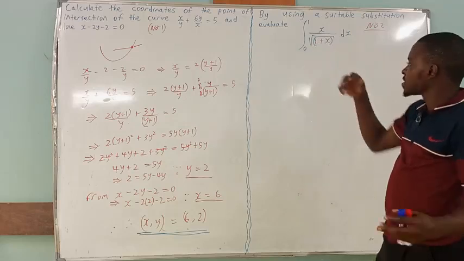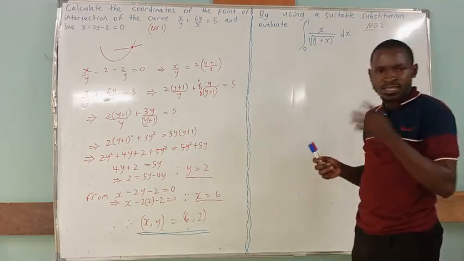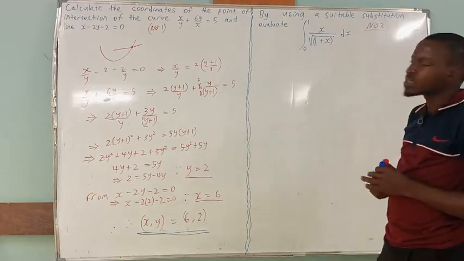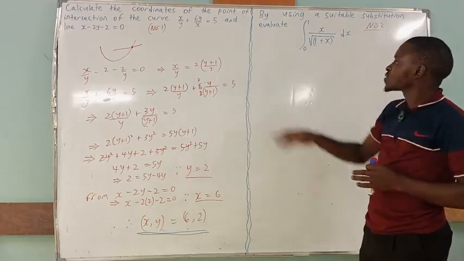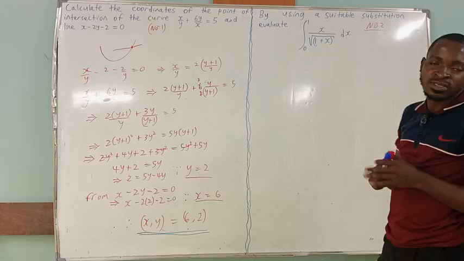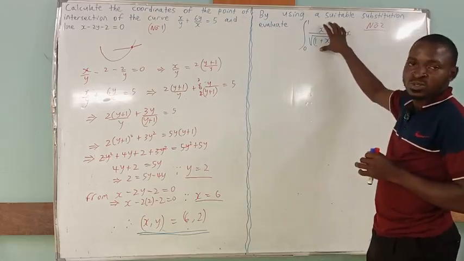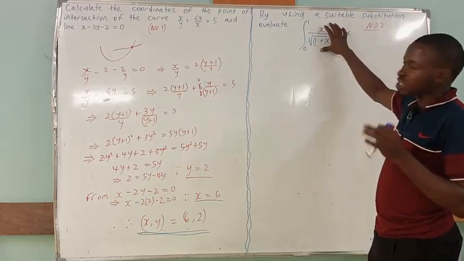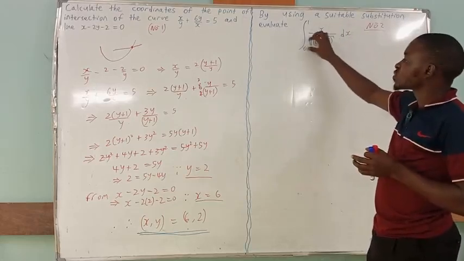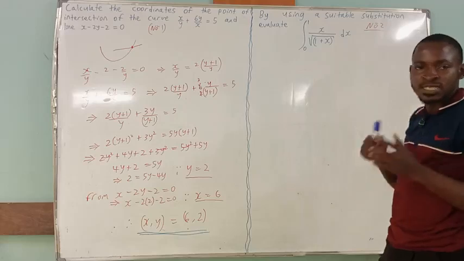But some of us may think of tan substitution or sin substitution, but it is very rare for us to find a sin substitution or tan substitution in section A. So this is the u substitution. What are you going to substitute? It is this root, because it is difficult for us to integrate a root.